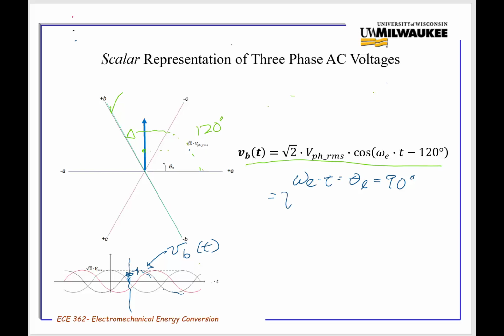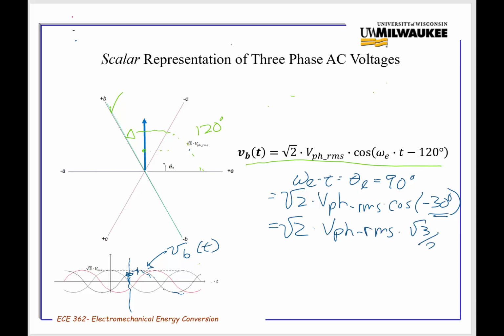That's the same as square root of 2 V phase RMS cosine of negative 30 degrees. Now the calculation of what the instantaneous value of VB is at that position would be square root of 2 V phase RMS times square root of 3 over 2.